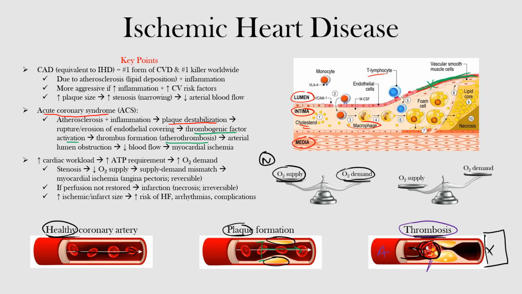Now imagine we have a patient with a stenosed vessel, and they increase their activity so much that the demand increases, but we cannot meet what the demand needs. Because we're not getting enough oxygen to the heart in that area, this is where ischemia comes about. You have too much demand, and the supply is just not meeting it.